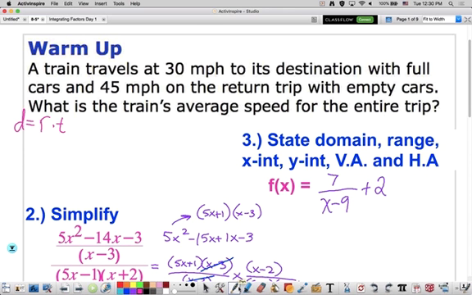Okay, so basically for the time, we're going to do 30D plus 45D, and then which is going to be over these two numbers multiplied. Which that's the number that we get when we multiply both of these.